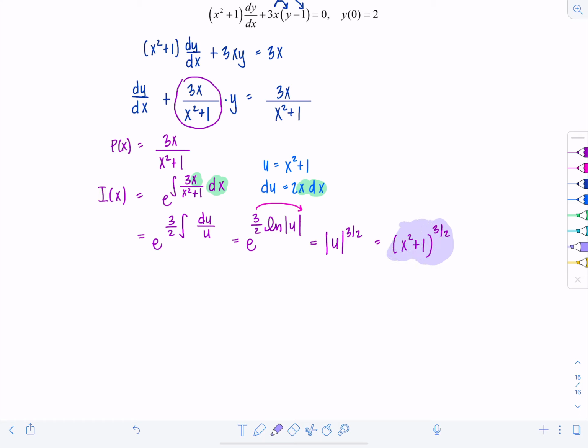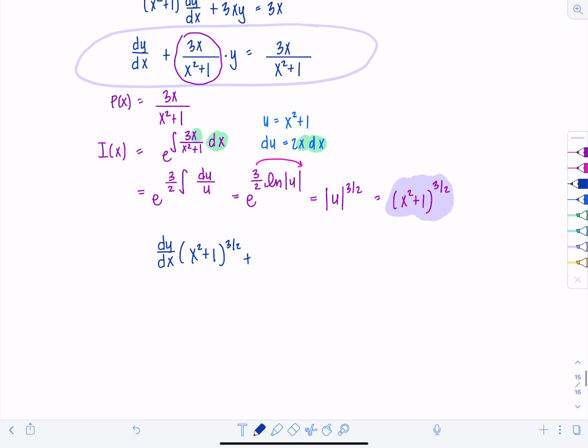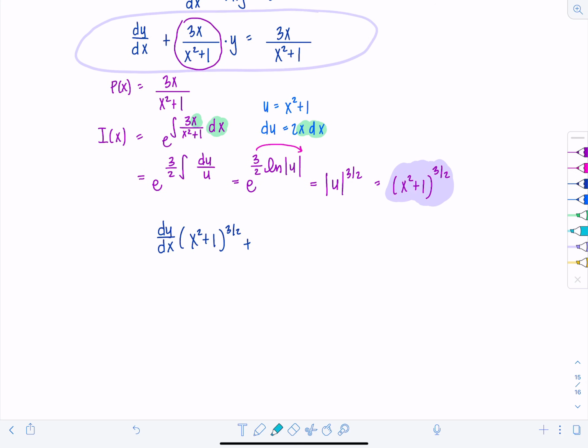Okay. Once we have that, remember we multiply the whole equation in standard form by the integrating factor. So let's go. dy dx times x squared plus 1 to the 3/2 plus. Now notice I already have an x squared plus 1 to the first in the denominator.